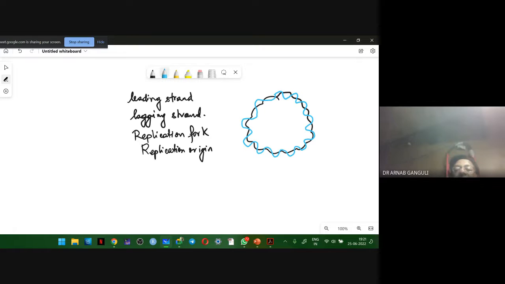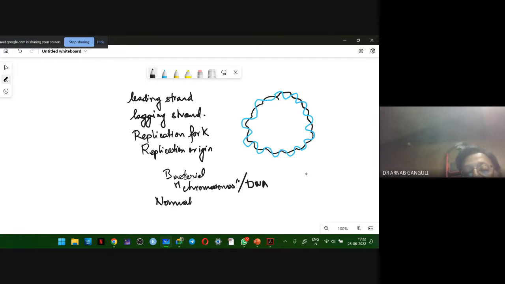in bacteria, normally the bacterial chromosomes, or you can say bacterial DNA, are circular.